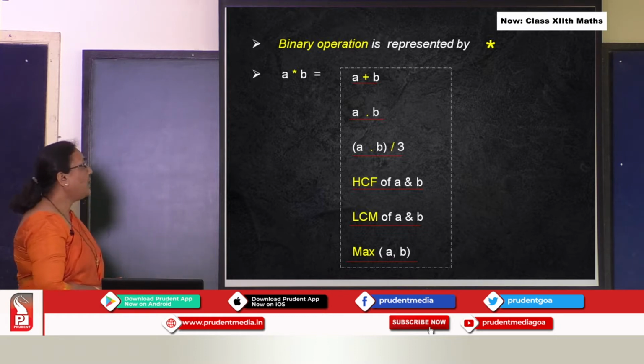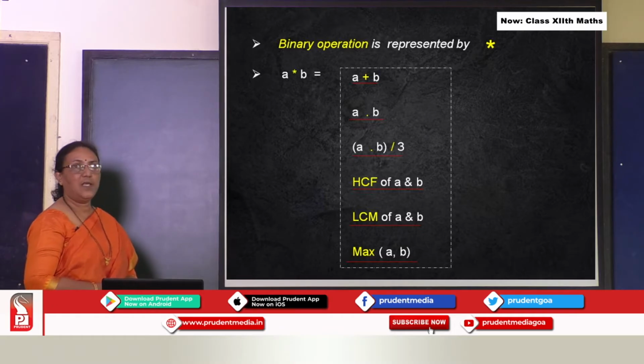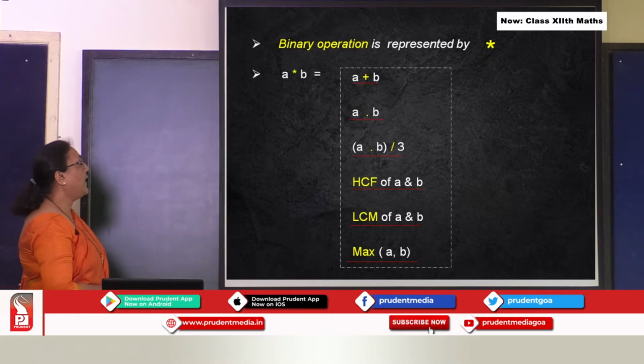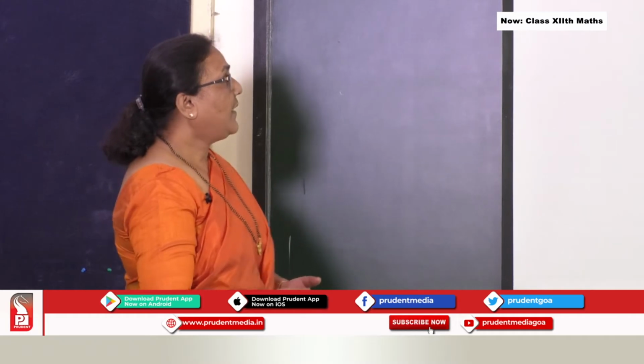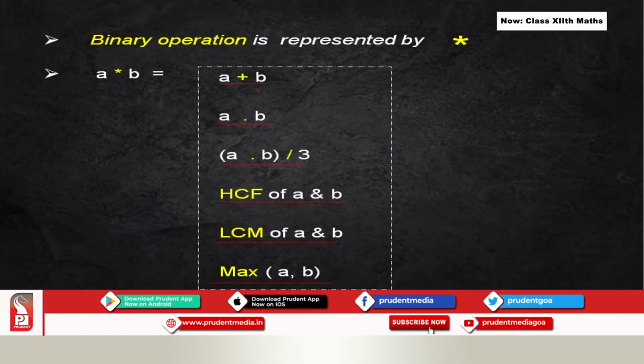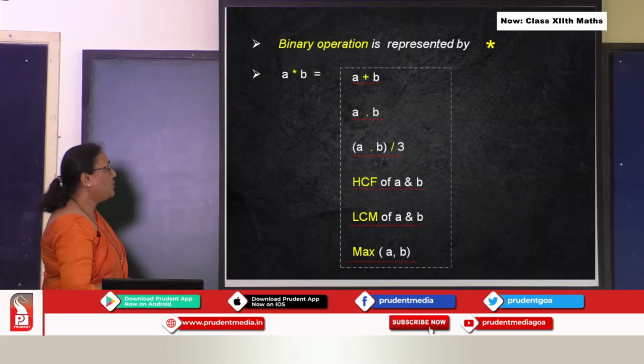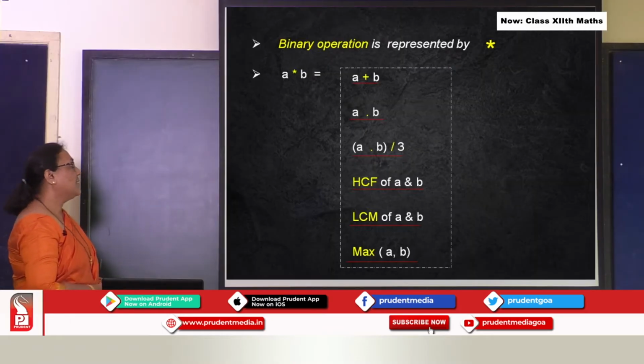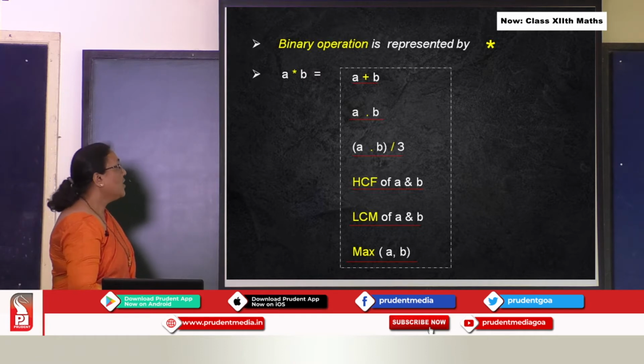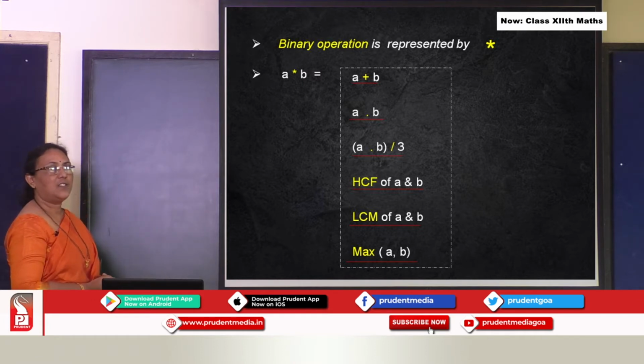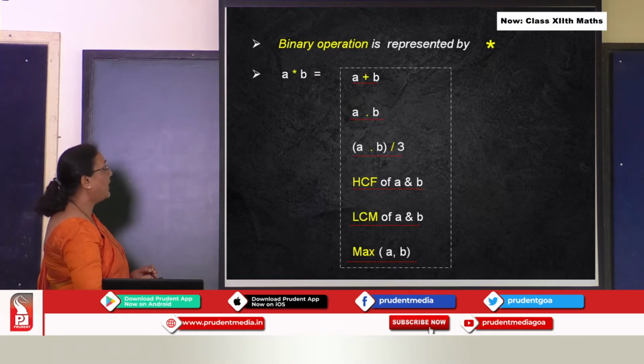A star B, here it can be A plus B. Star will go and you will get A plus B. Then it can be A into B, not only A plus B. Sometimes it is A into B divided by 3, sometimes it is HCF, that is the highest common factor of A and B, sometimes LCM of A and B, sometimes the maximum of A and B. So the star operation is operated on two elements of any set.